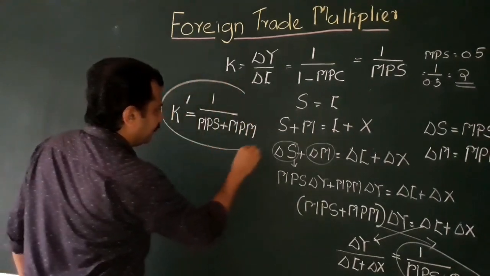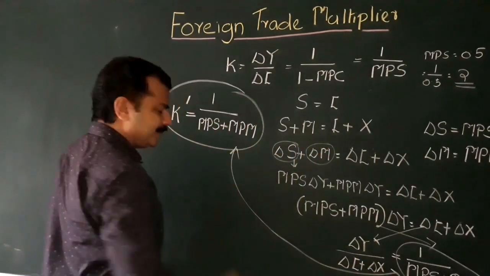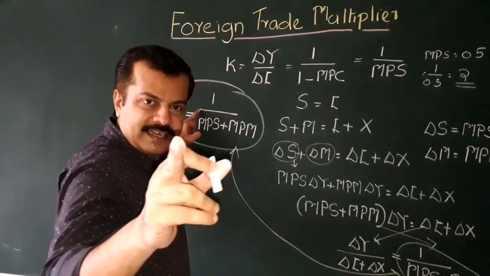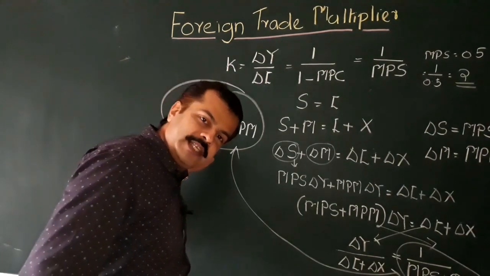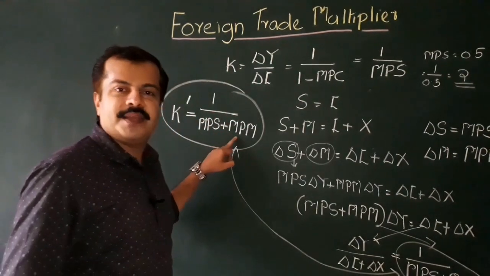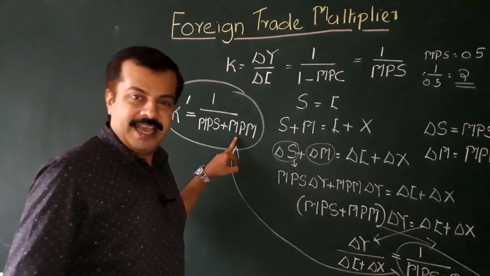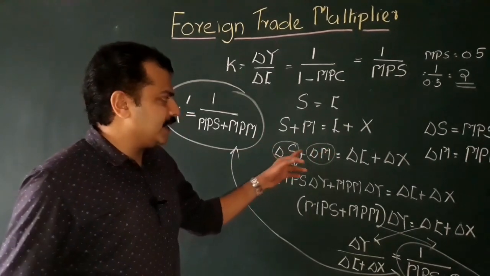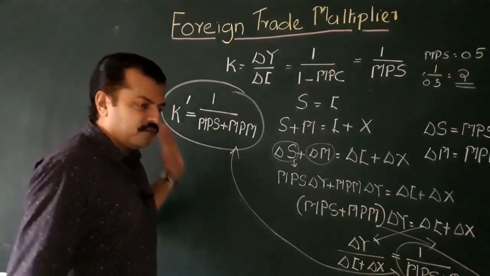This is the foreign trade multiplier which we have derived. So foreign trade multiplier is the reciprocal of marginal propensity to save and marginal propensity to import. And we have derived this equation from the identity where saving plus import equals investment plus export.